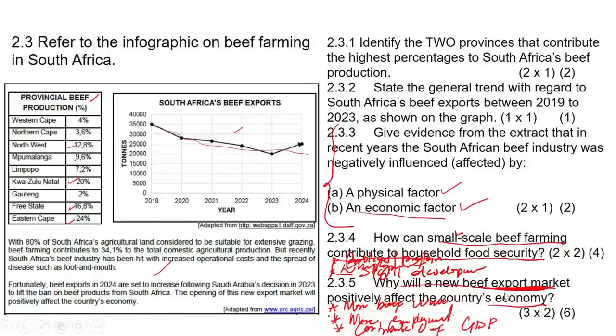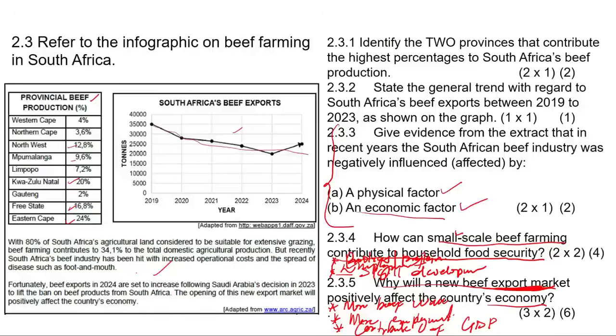So you're looking at how a new beef export market will affect the economy. Remember, if you have a certain market and you have reached your benchmark, you know you are only producing 1,000 cattle, or you're producing 10,000 kilograms of beef per month.